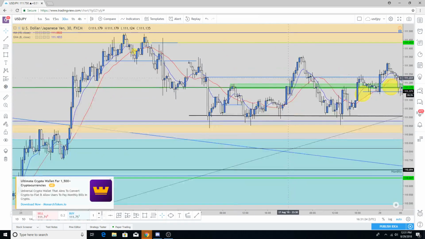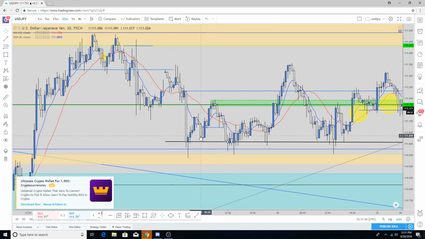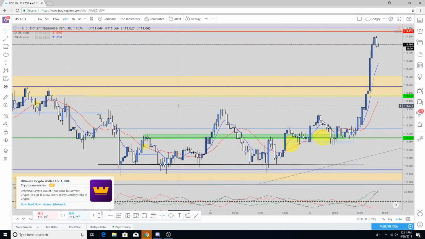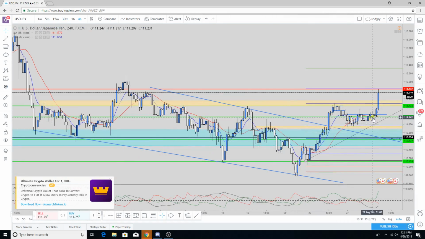I didn't take that order, but right after that, after the market came back down and retested, remember, I had all these drawn out every time EMAs crossed. As you can see from my previous trade, when I caught this move, EMAs were already crossed. They crossed here, and on the 4 hour they crossed up here.